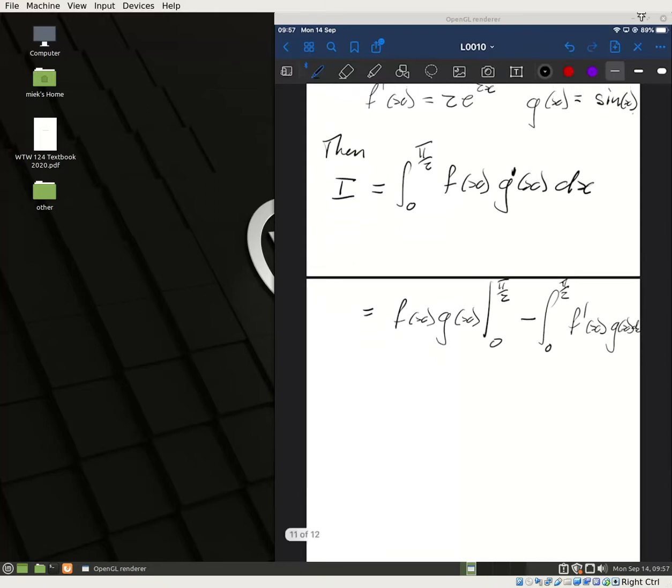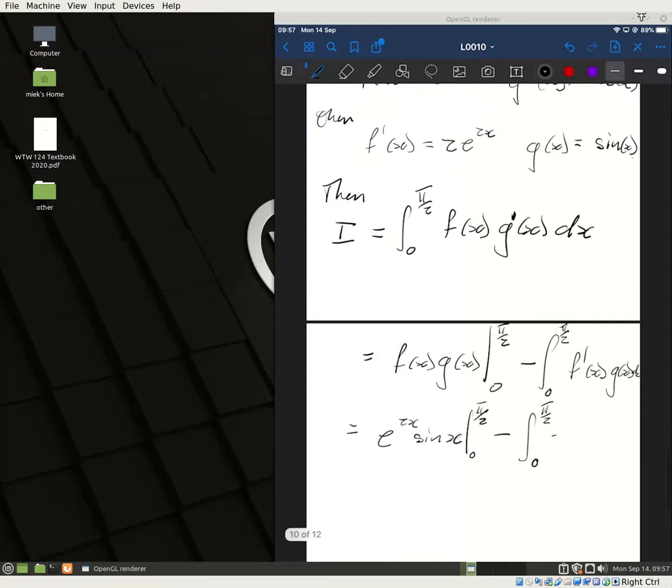Okay, let us substitute back in. This is e to the 2x sine x, evaluated between 0 and pi over 2, minus the integral from 0 to pi over 2.